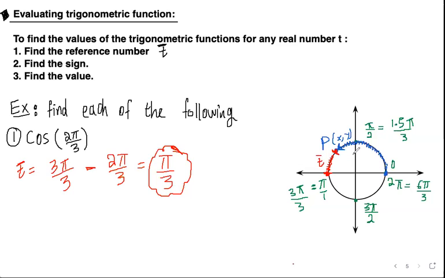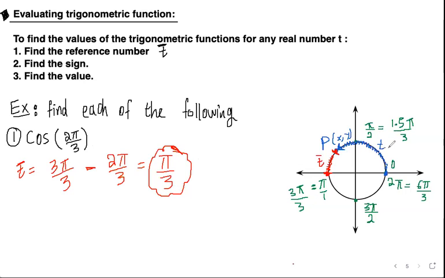We talk about distance. We don't talk about any angle. Just distance. The distance from this point, the terminal point, to the x-axis, t bar, is 3 pi over 3 subtracting the blue one. The blue one is 2 pi over 3. The blue one is my t.